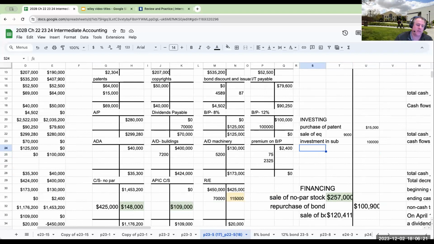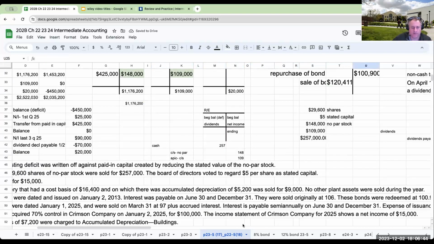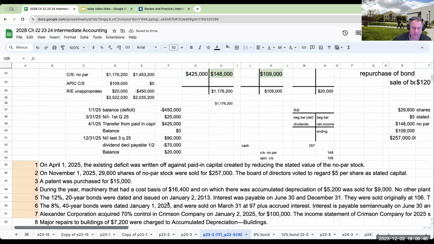And because the repairs are significant and relate to buildings, you would show this in investing. This would show up here as 7,200. So that's how you would deal with the additional information on that one.